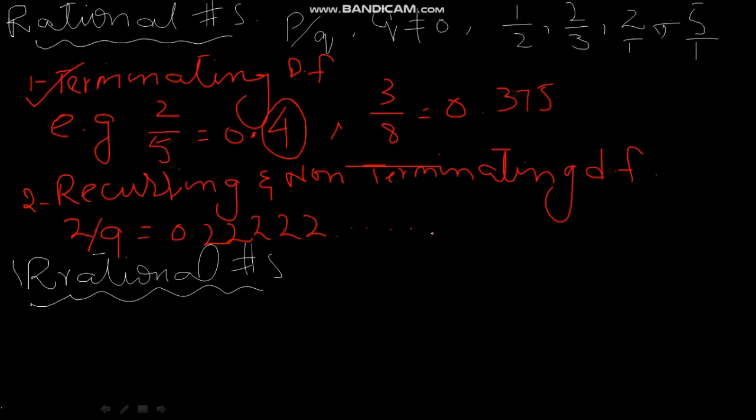So they are recurring. We cannot say that when the number is non-terminating in its decimal part, that is called an irrational number.